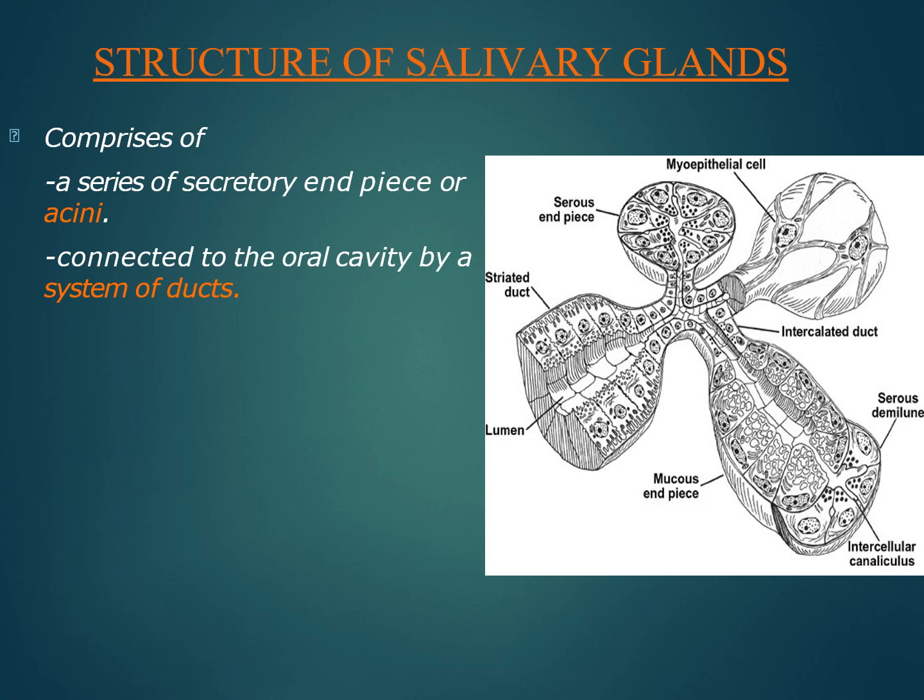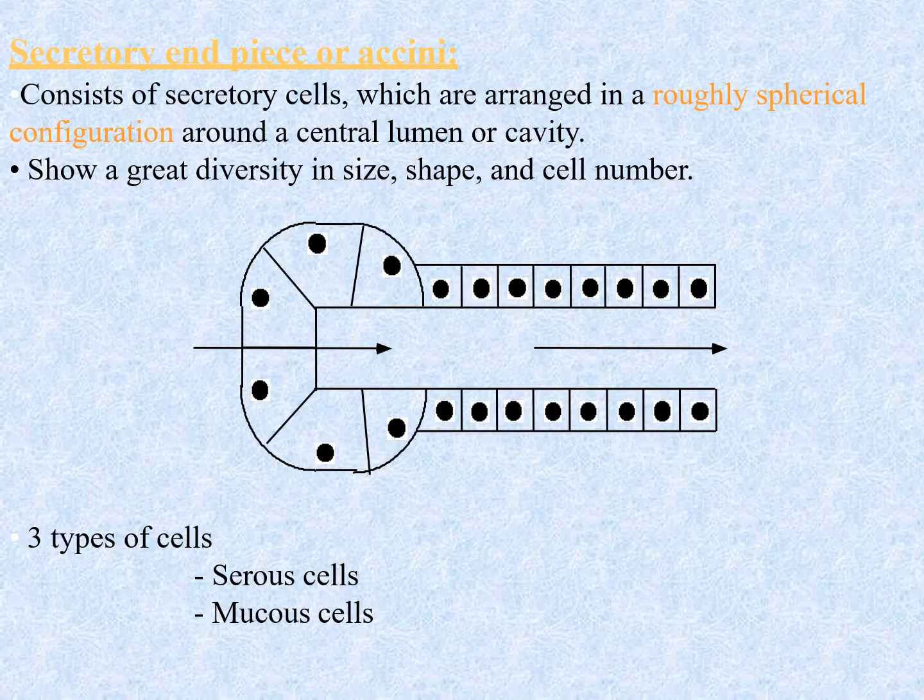About the microscopic anatomy, each salivary gland comprises a series of secretory ends called acini. They are connected to the oral cavity by a system of ducts. About the secretory ends or acini, they consist of secretory cells.